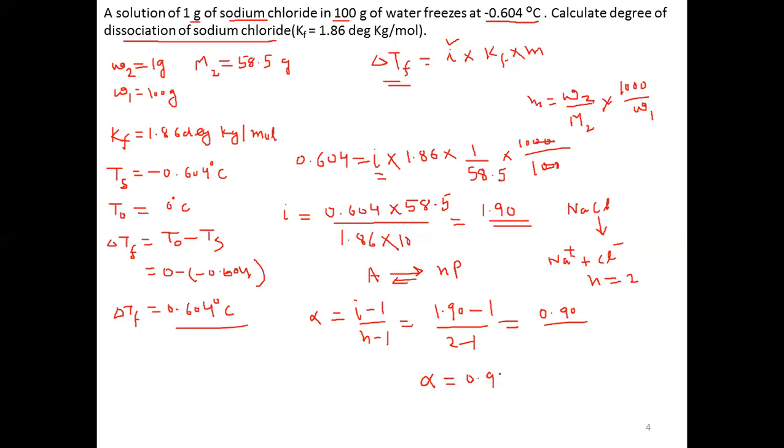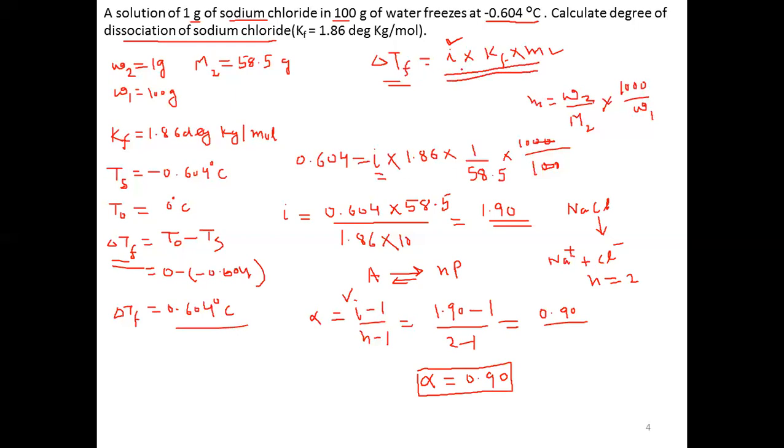So please remember, whenever you have to calculate degree of association or degree of dissociation, we need the value of iota, and the value of iota will be calculated from some colligative property. In this experiment, the colligative property was depression in freezing point. So we use this formula delta Tf is equal to iota into Kf into m, because the solute is electrolyte. So we have to use the modified formula. And my suggestion is that you can always use this formula whether the solute is electrolyte or non-electrolyte.